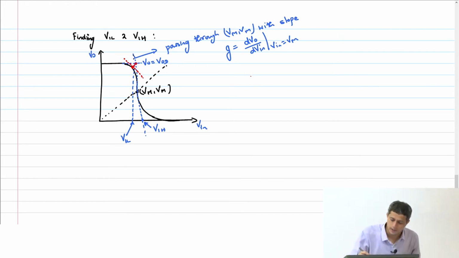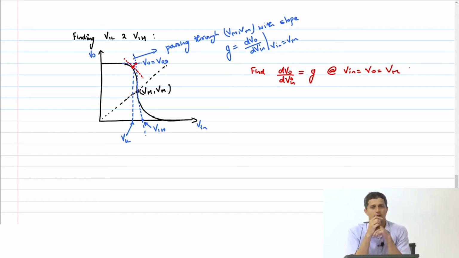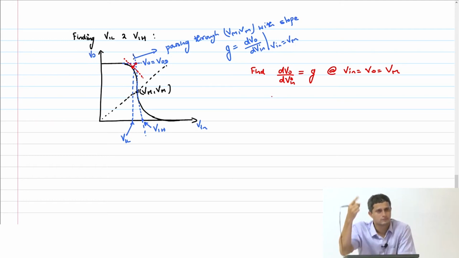So now what do I need to do? I have to find dV out by dV in. This is my gain at V in equal to V out equal to Vm. Now I have to go back and do the same story, IDSN equal to IDSP.